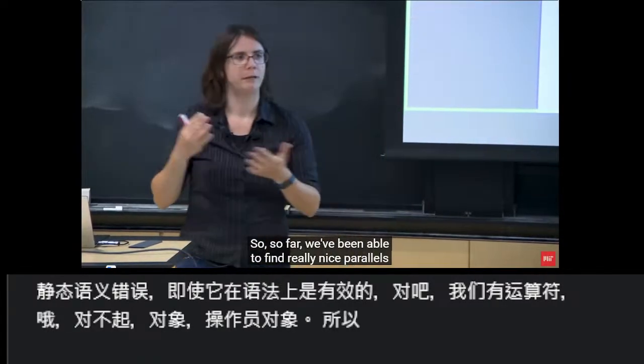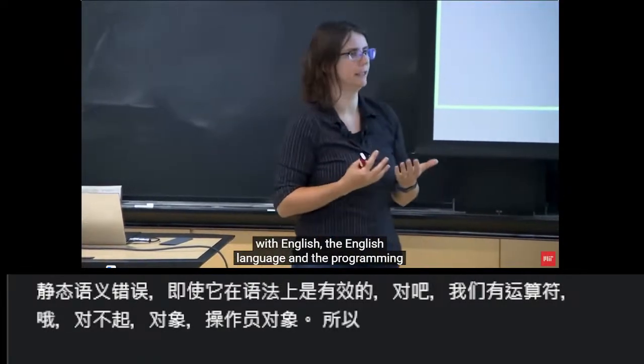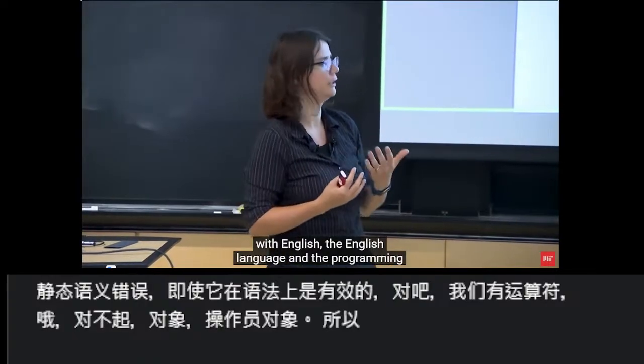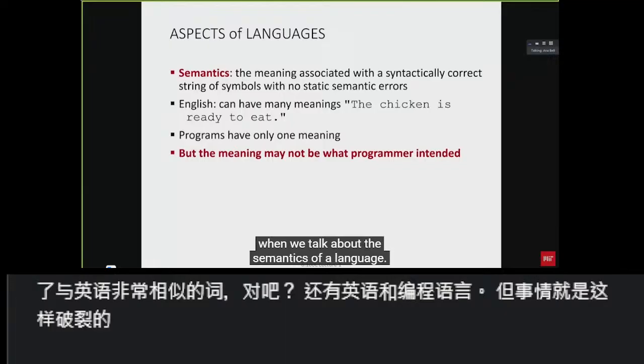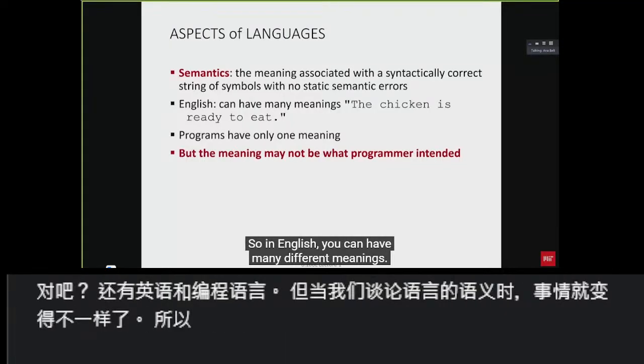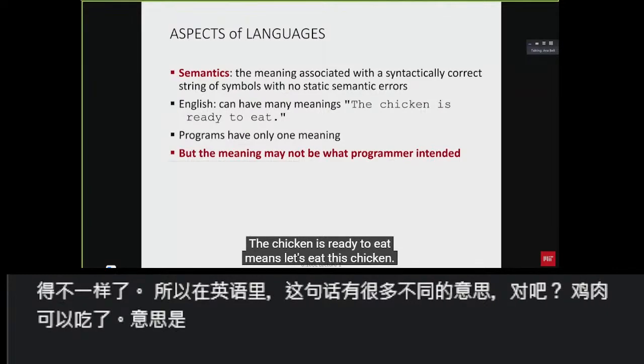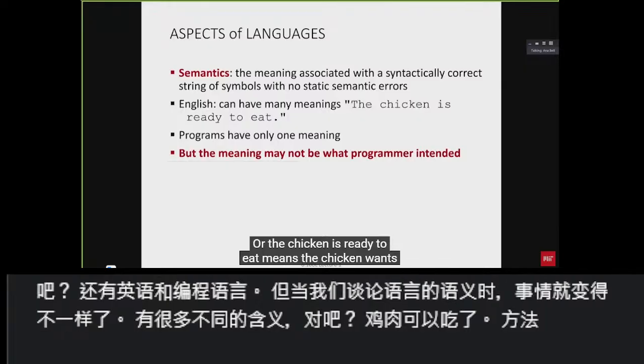So far we've been able to find really nice parallels between the English language and the programming languages, but this is where things break down when we talk about the semantics of a language. In English, you can have many different meanings, right? The chicken is ready to eat means, let's eat this chicken. Or the chicken is ready to eat means the chicken wants to eat something.